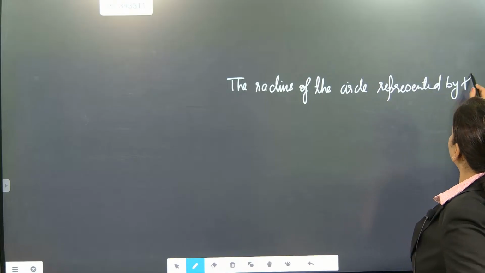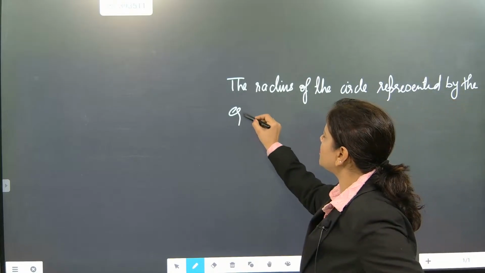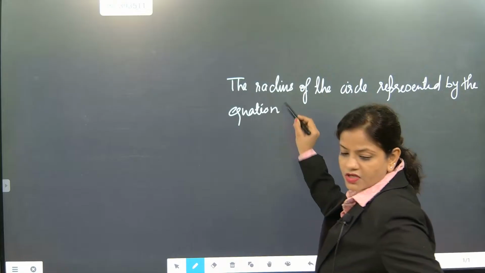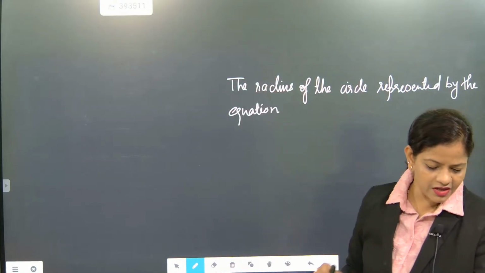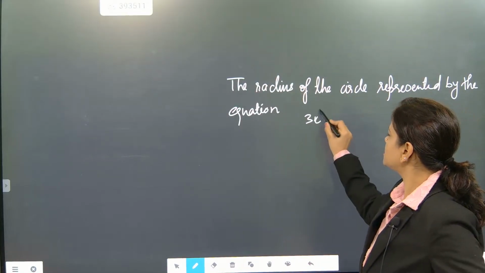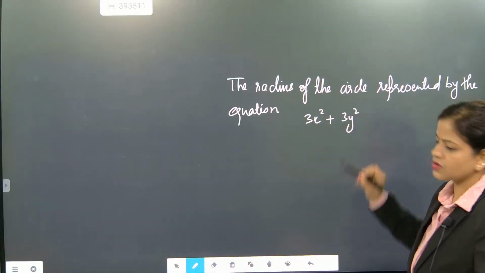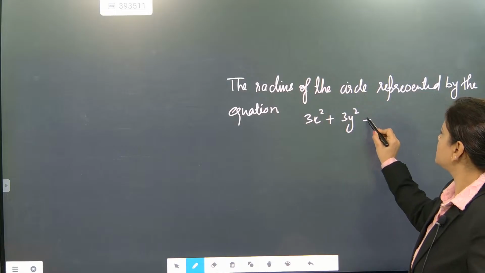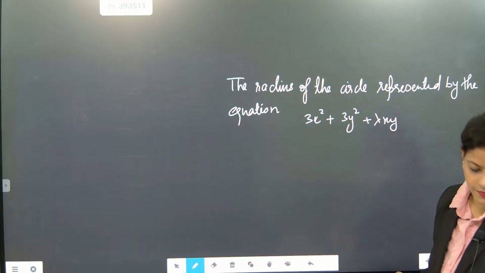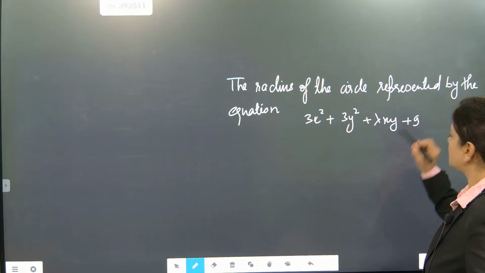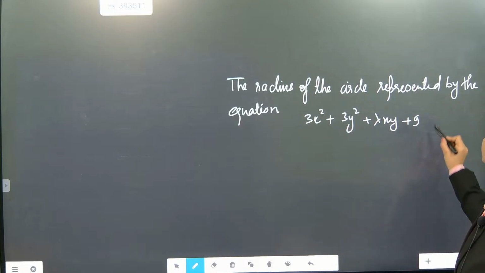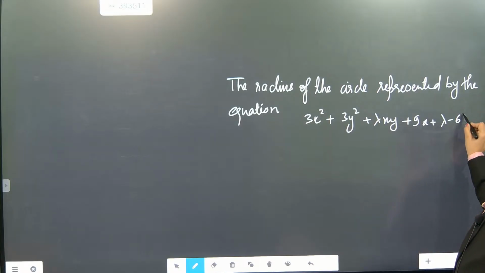The radius of the circle represented by the equation 3x square plus 3y square plus lambda xy plus 9x plus lambda minus 6y plus 3 equal to 0. So this is the equation of the circle.